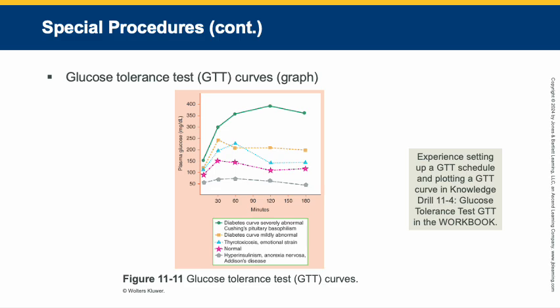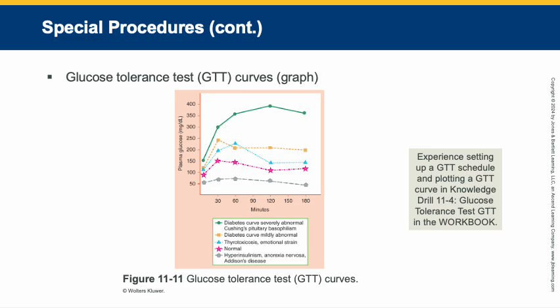So do you see how that line goes from 150 up to 300, up to 350, up to 400, and then barely comes back down to 350?